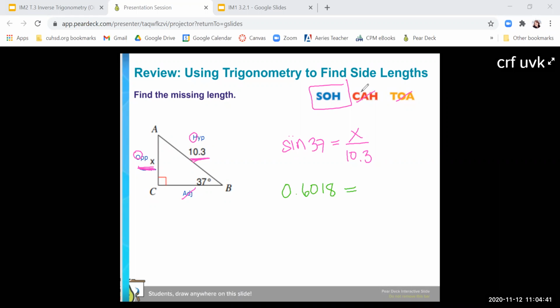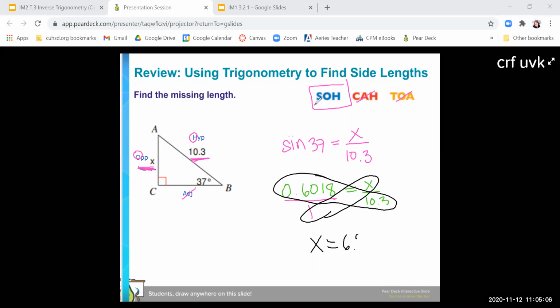Remember to round to at least 4 places past the decimal when you're inside the problem. So 0.6018 equals x over 10.3. This is when I like to put my decimal over 1. Now it's time to cross multiply. X is equal to 0.6018 times 10.3, which is about 6.2. So if you got 6.2, we're on the right track.